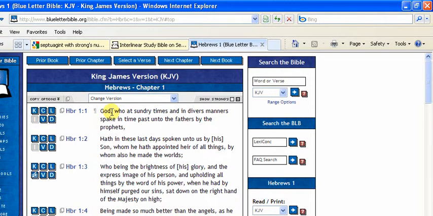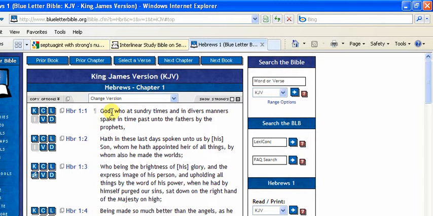Because the whole point of this first verse here is that God has spoken to our fathers in the past in many and various ways. Okay? So I just wanted to point that out.